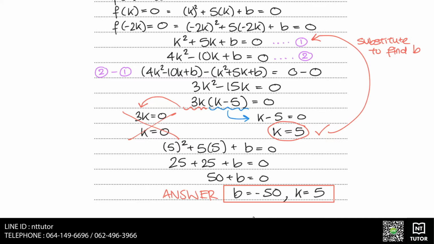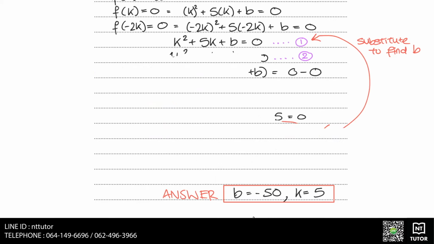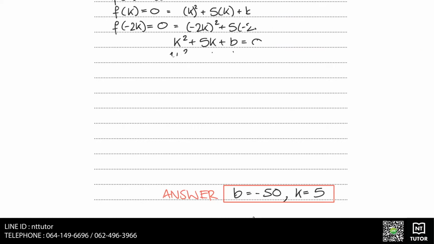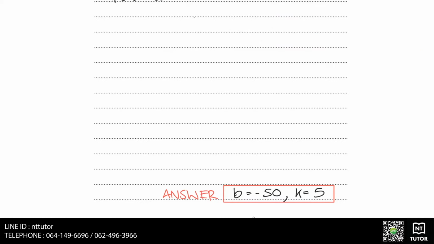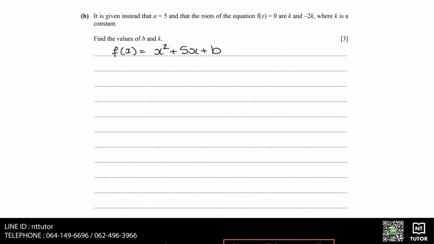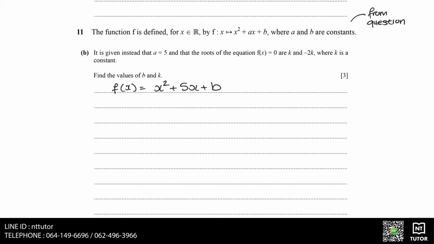There is one other way we could work out the value of b and k. Using the fact that the roots of the equation f(x) = 0 are k and minus 2k, and the fact that the function is a quadratic, we usually find roots by factorizing the quadratic.